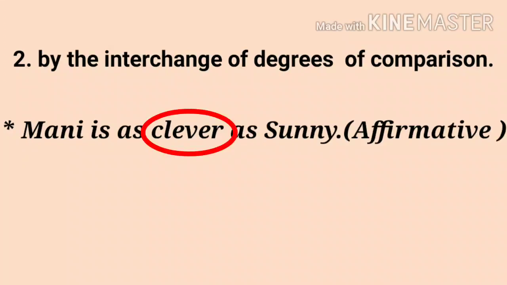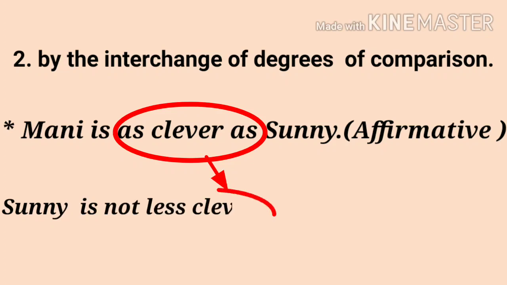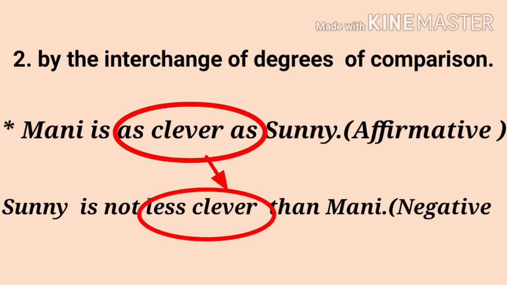And clever is the positive degree of comparison. Now let's change this sentence into a negative one by changing the positive degree into comparative degree. So, Money is as clever as Sunny becomes Sunny is not less clever than Money.